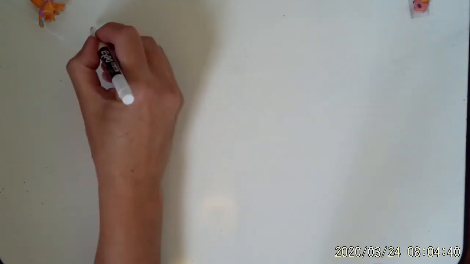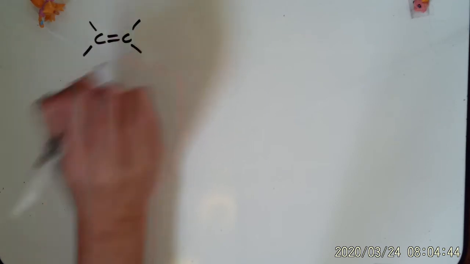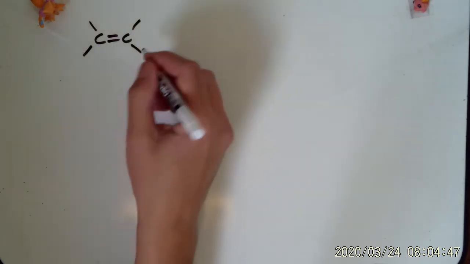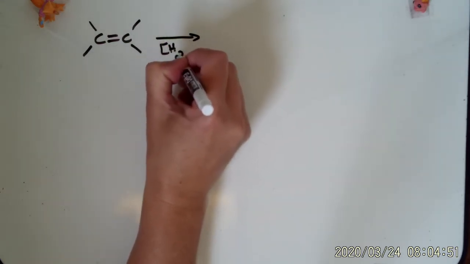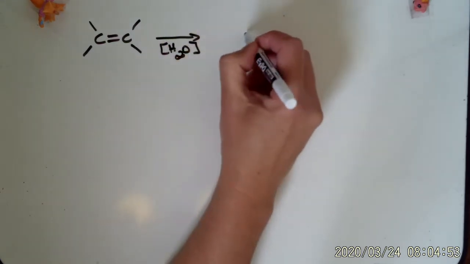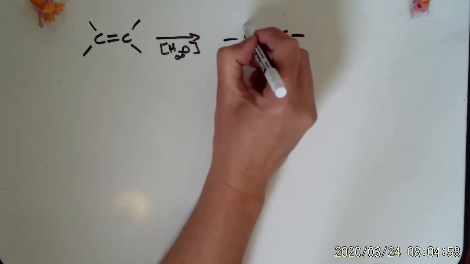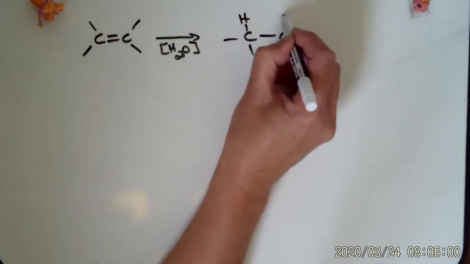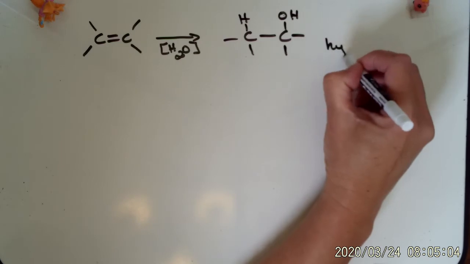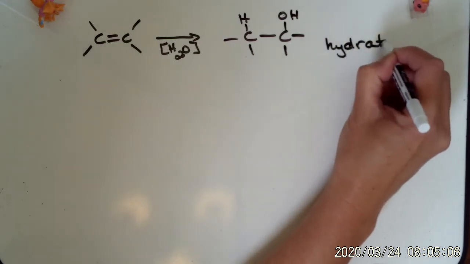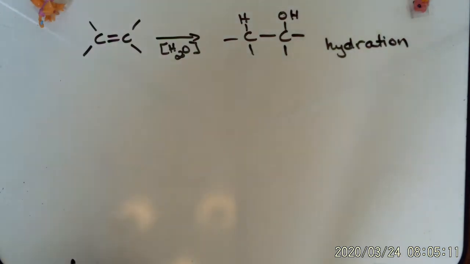So just assume that we have our general alkene here, and if I add water, I'm going to add across my double bond an H and an OH. This is called hydration. Okay, that's the opposite of dehydration.